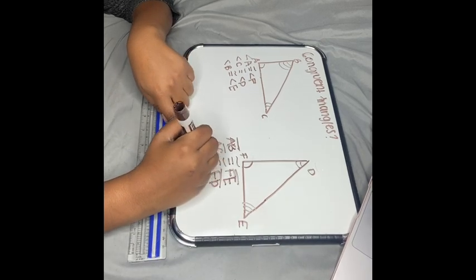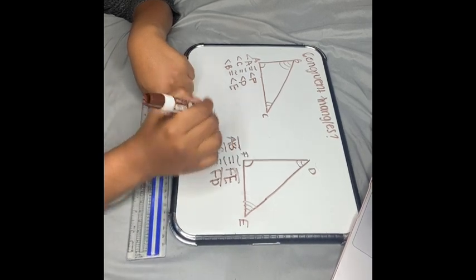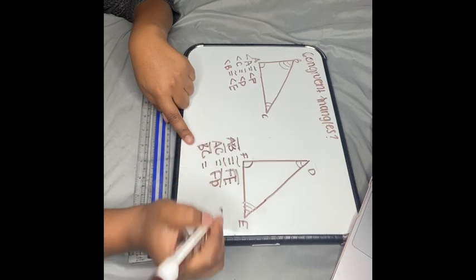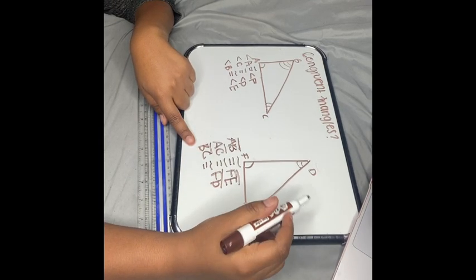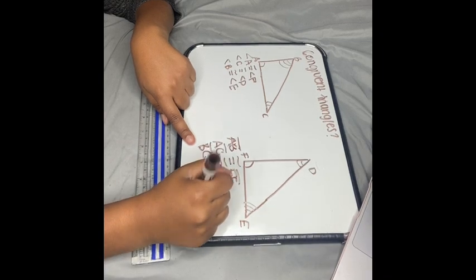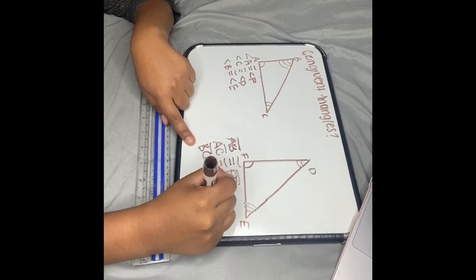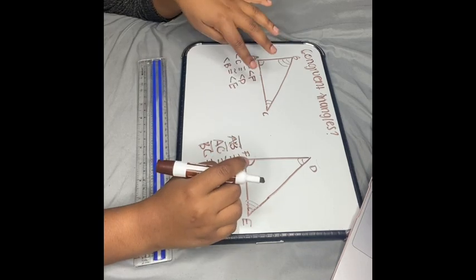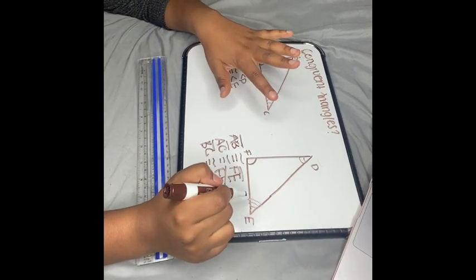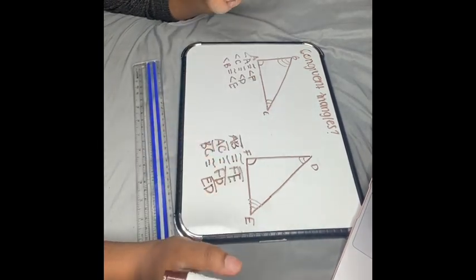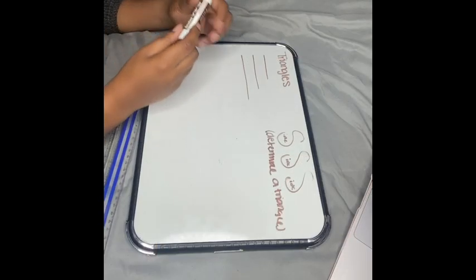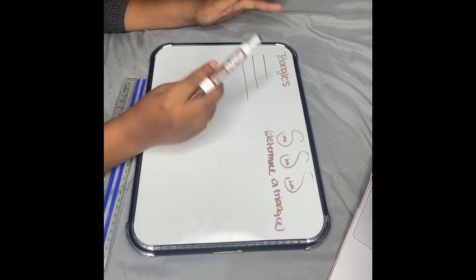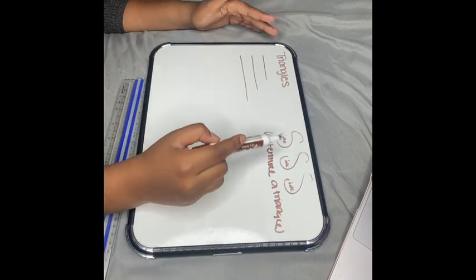Last but not least, we have line segment BC with line segment, not DE, but ED, because we need to make sure that those two angles are corresponding. So if we were to take this triangle and flip it over on top of this one, these two triangles would be congruent. Okay, so starting out, we have three line segments, which represents SSS, which is side, side, side.